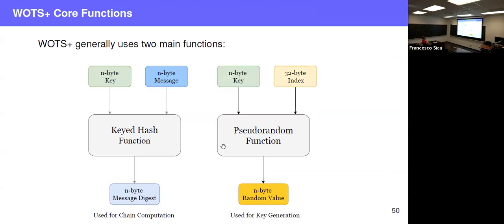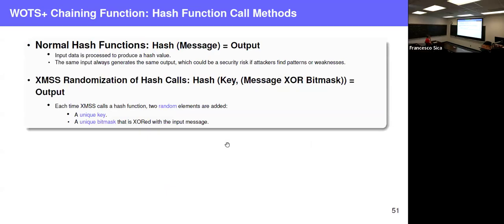And after that, XMSS randomizes the hash calls by adding both a unique key and a bit mask to XOR with the input. It means that before hashing, we have to XOR the original message with the bit mask.